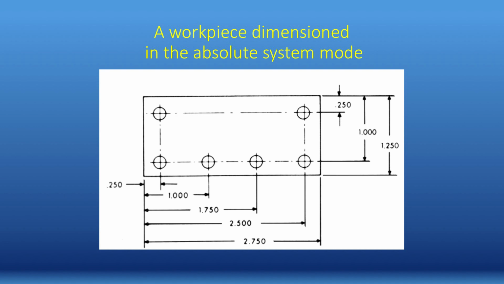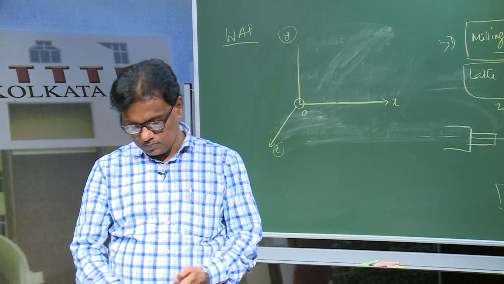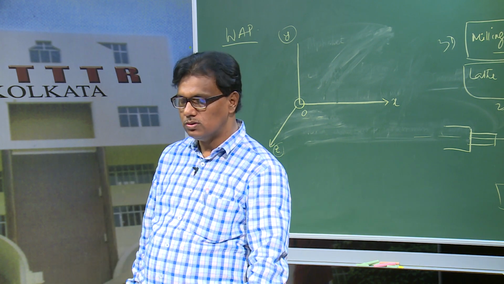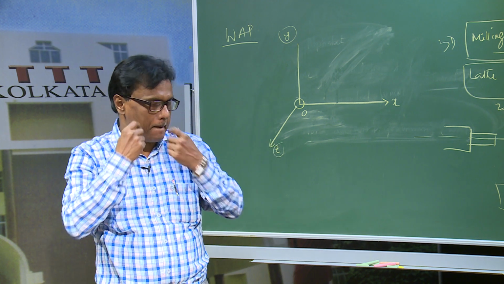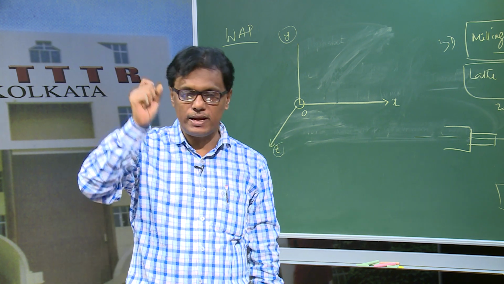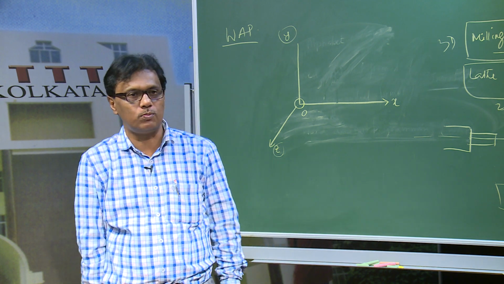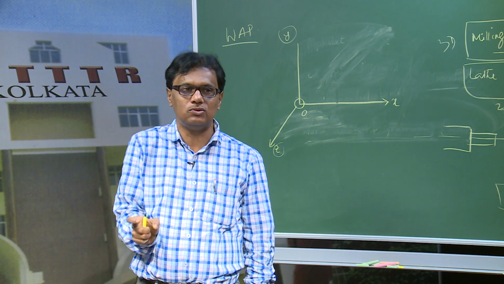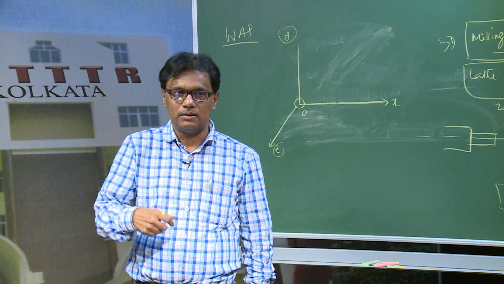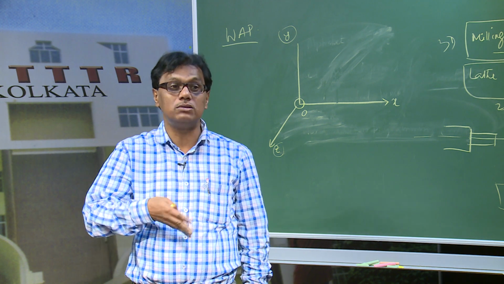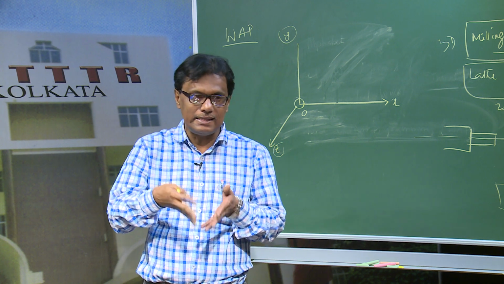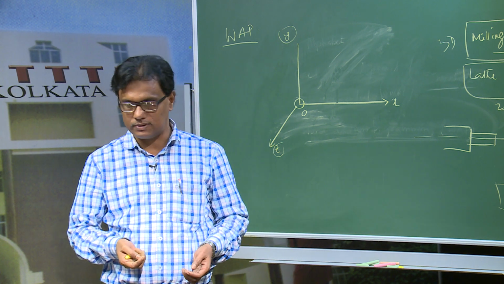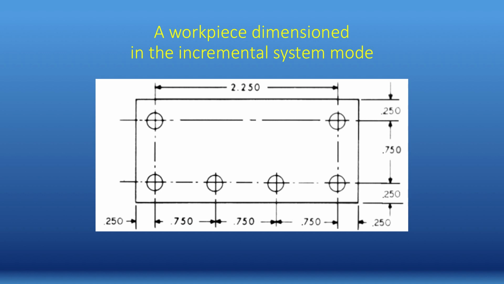In case of incremental mode, once an operation, once a drilled hole is completed, that point is assigned as the 0 point. From this point you give the coordinate where you want to operate next. That means it is basically an instantaneous or relative coordinate system, very frequently called the incremental coordinate system.